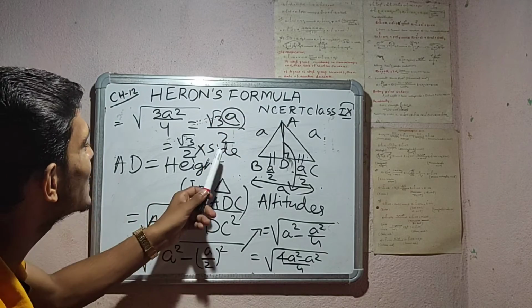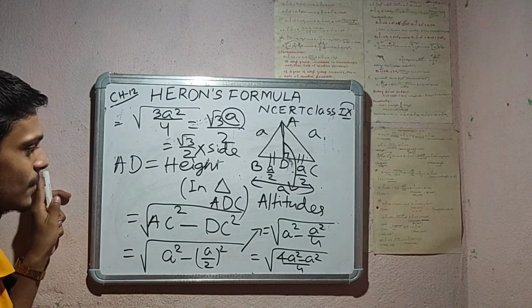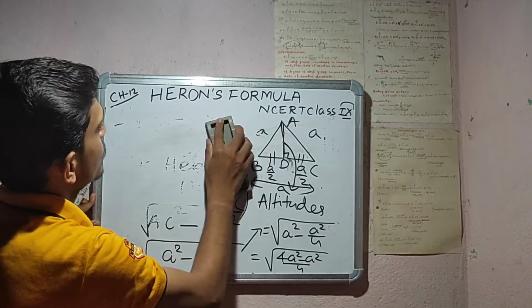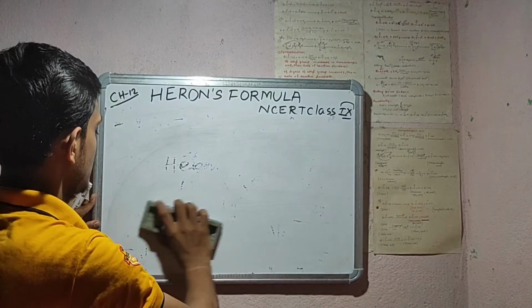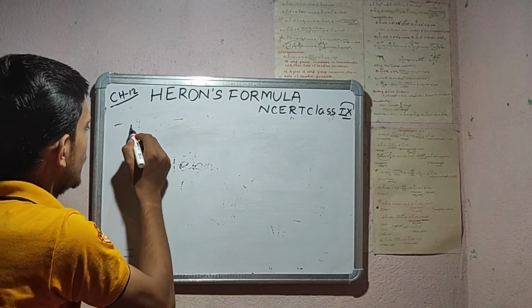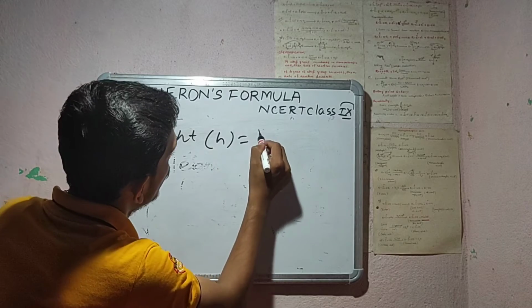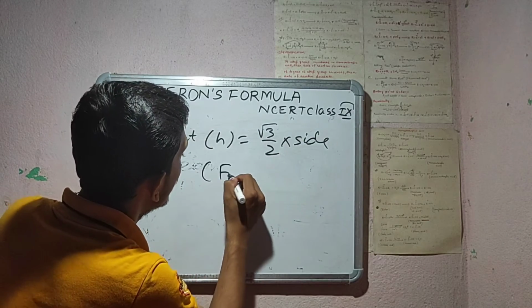So if the side is given, this is the formula of height. Okay. I can generalize. So height, let this be h, is equal to root 3 upon 2 multiplied with the side. For which triangle? For equilateral triangle.